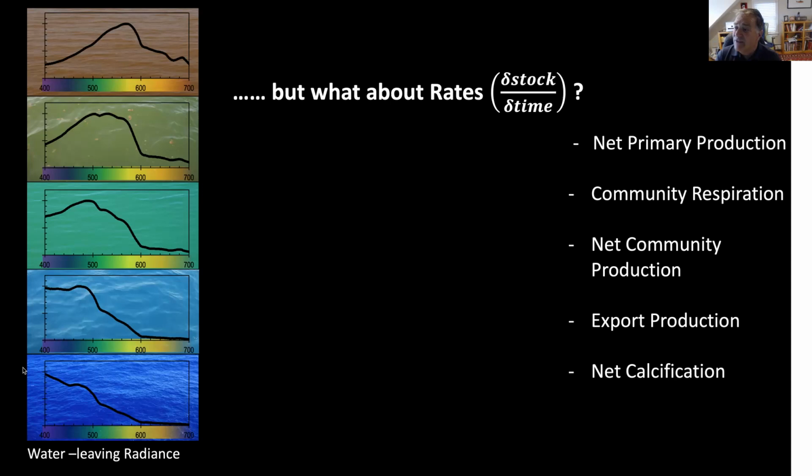And it's challenging because right now we don't have very good information about the time step. Satellite data is supposed to be every couple of days, but in reality, it might be weeks before we get subsequent determinations in the same spot on the planet. So it's really difficult to know how these stocks are changing over time. So we have to model in some information about time for net primary productivity.